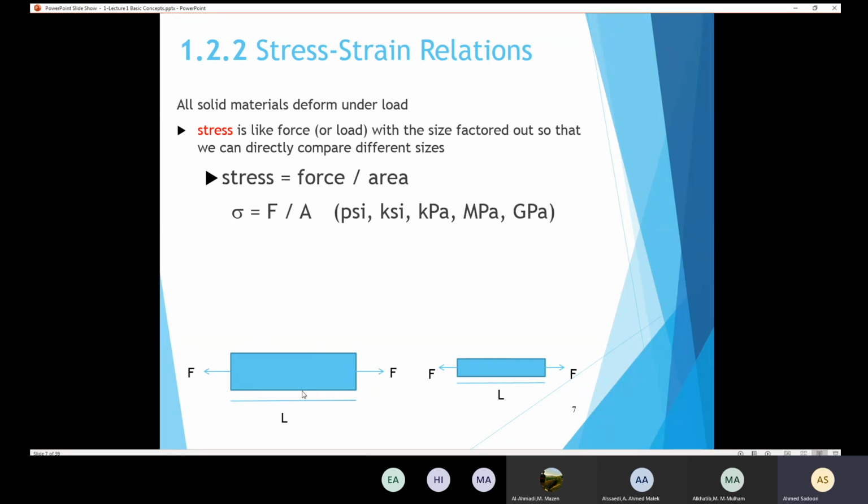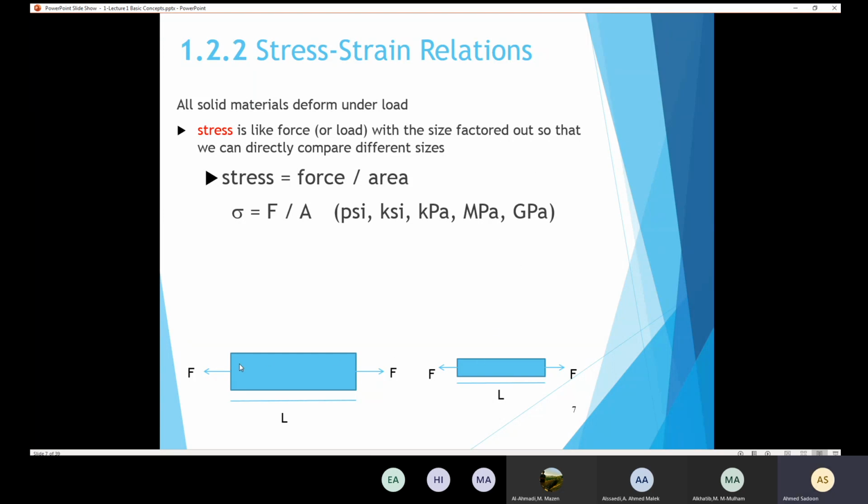In this case here, I need more force. In this case here, I need less force. But if I have the same material, the maximum stress is going to be the same. That is why we introduce the concept of the stress. So stress equals the force over the area. It could be measured in PSI, KSI, kPa, megapascal, and gigapascal.